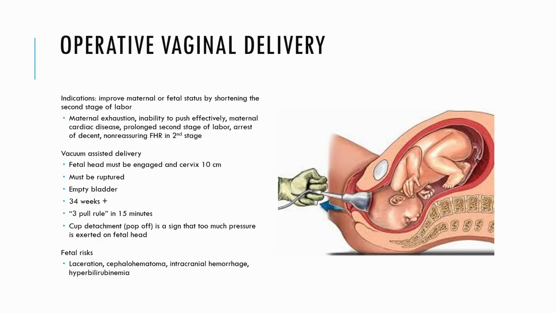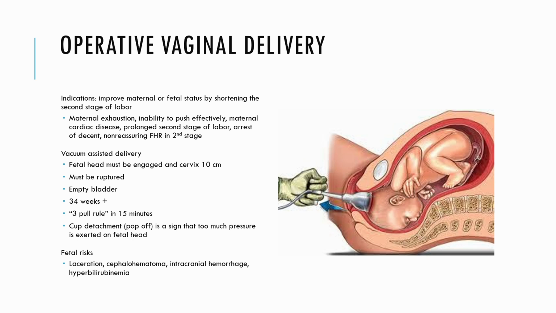Okay, so an operative vaginal delivery. This is something that can be done. So this here is the vacuum, the picture of it here. The indications for this are to improve maternal or fetal status by shortening the second stage of labor. So let's say mom's been pushing, you know, we're at 3 hours with an epidural and she's just exhausted.